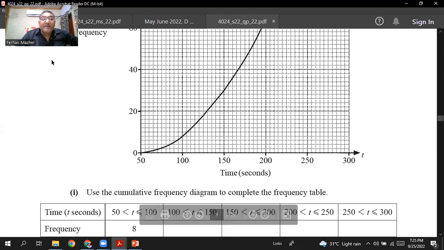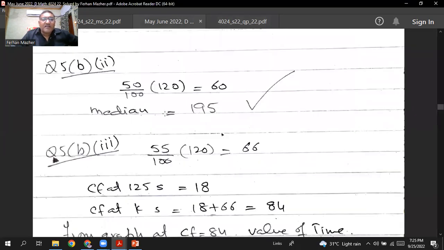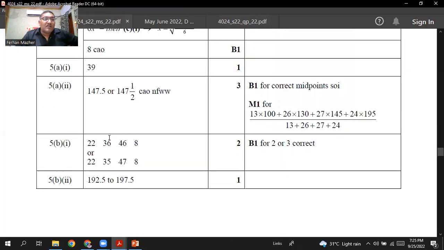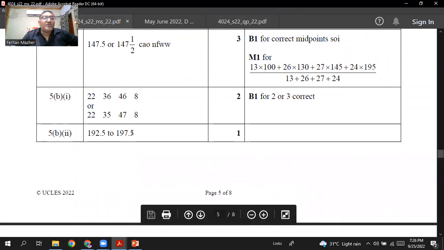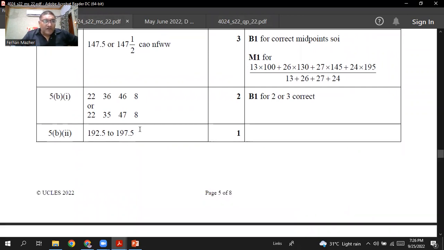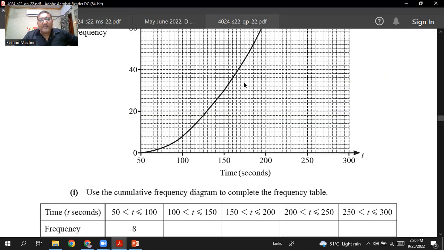That's 190 something, 195, I think. Yeah, 195 is the right answer, median. It says 192 to 197. So our answer is 195, so that's right.